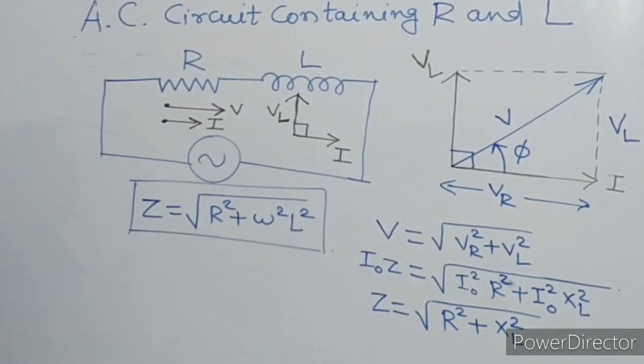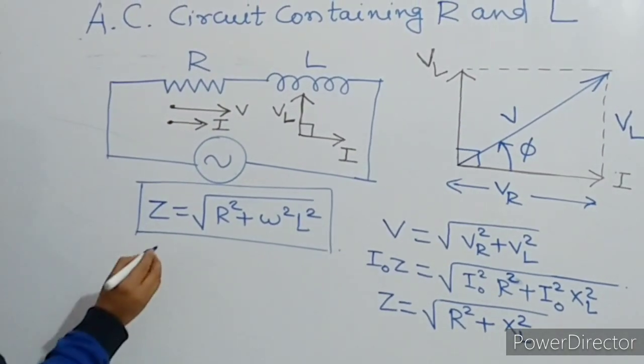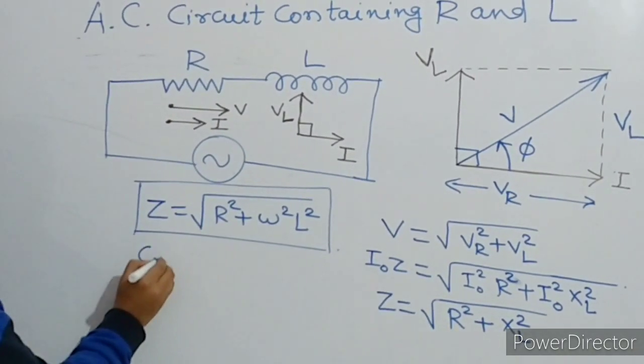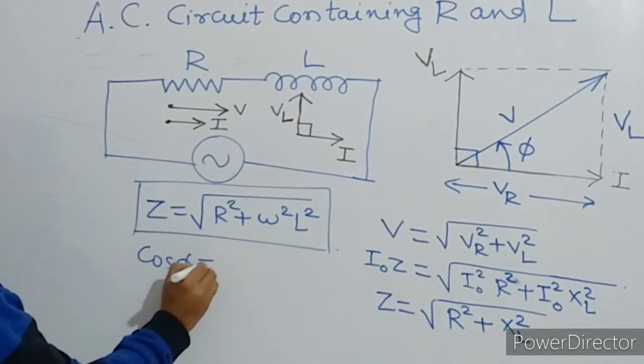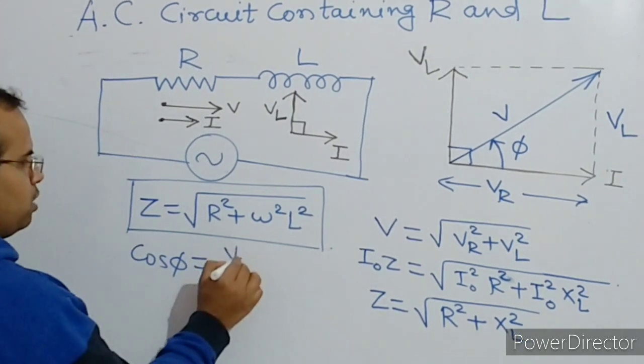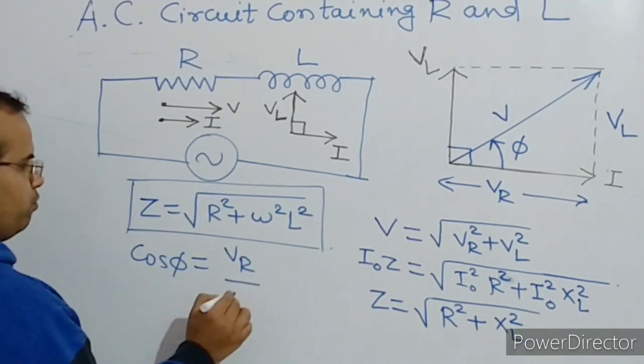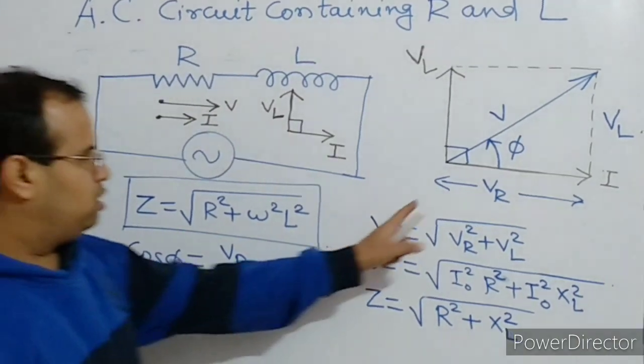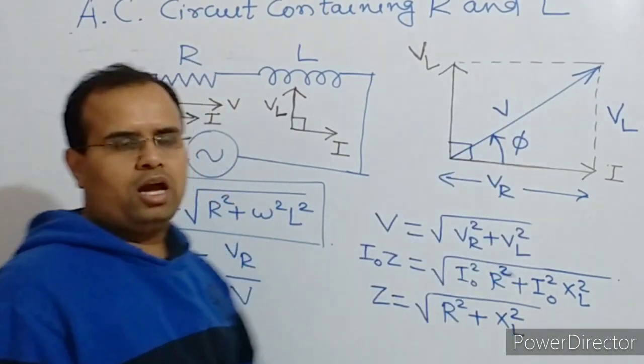If you want to find this phase angle phi here, you can find it as cos phi is equal to VR upon V, where VR is the base and V is the hypotenuse.